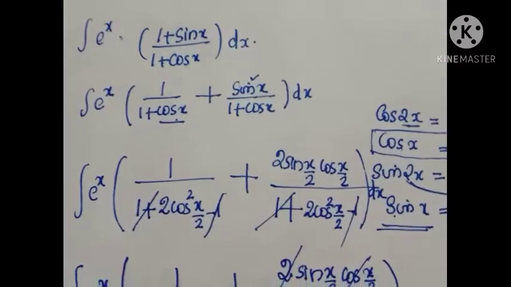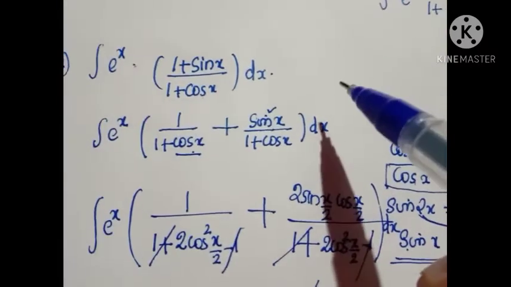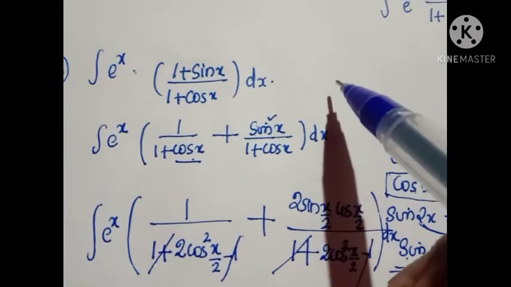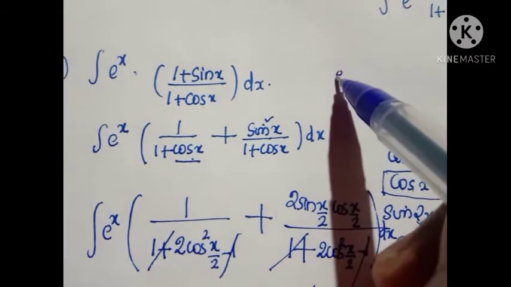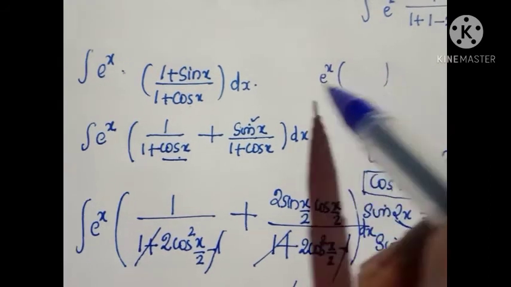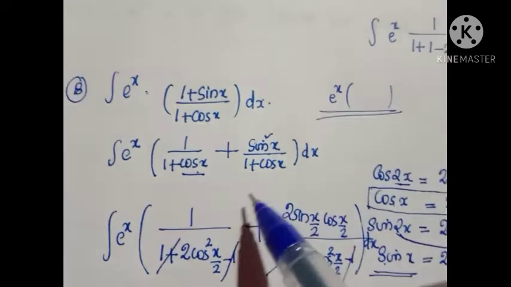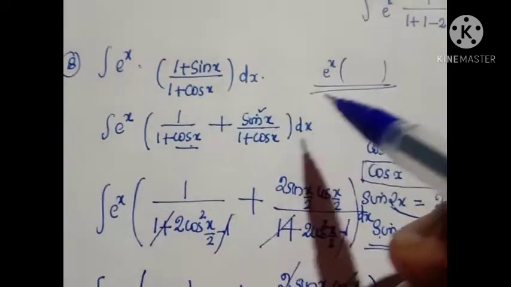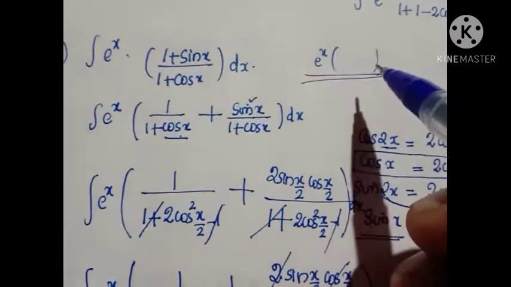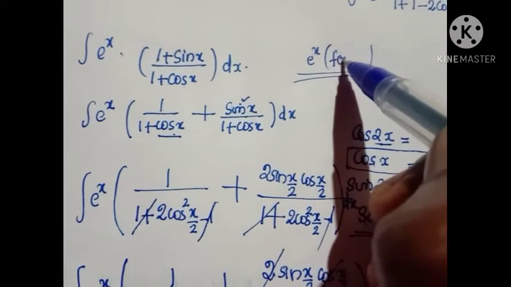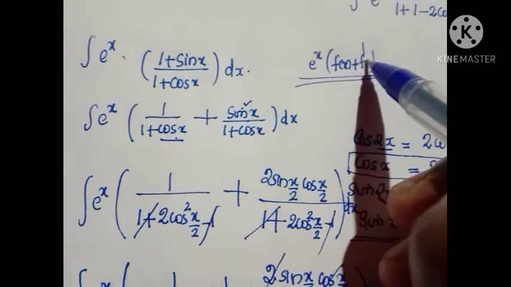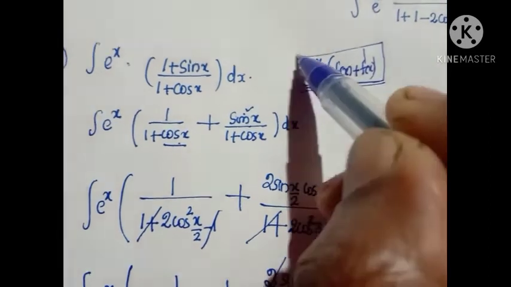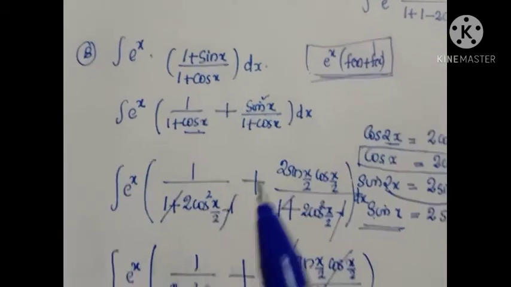So, in the question you have to concentrate, is the given integrand of the form e raised to x into, okay, e raised to x into. Then you have to convert that integrand into the form e raised to x into f of x plus f dash of x form. Is it clear? Okay.